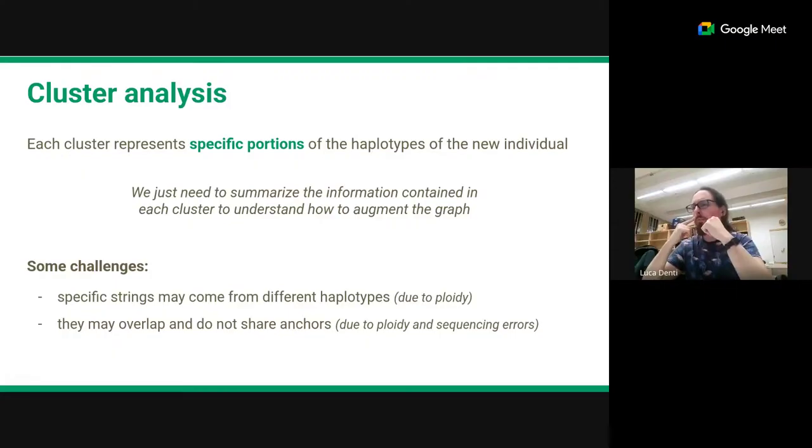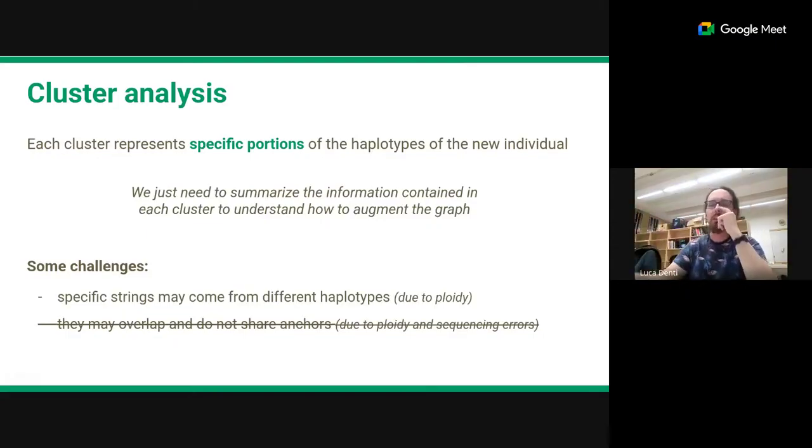There is also another problem, always due to ploidy, but also due to sequencing errors: in the same cluster, by how the clustering is done, specific strings may overlap and may not share anchors. Okay, so this complicates everything quite a bit. So for the sake of this presentation, I will just not consider this set of strings. So we can assume that in a cluster, all the specific strings start and end with the same anchor.